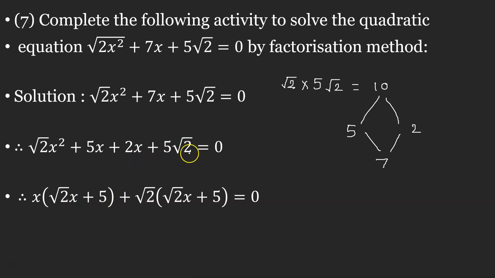From these two terms, the 2 can be written as root 2 into root 2, and therefore we will take root 2 as common. Taking root 2 common, in the bracket we get root 2x plus 5, equals 0. Now see here, root 2x plus 5 is common, and in the second bracket x plus root 2, equals 0.